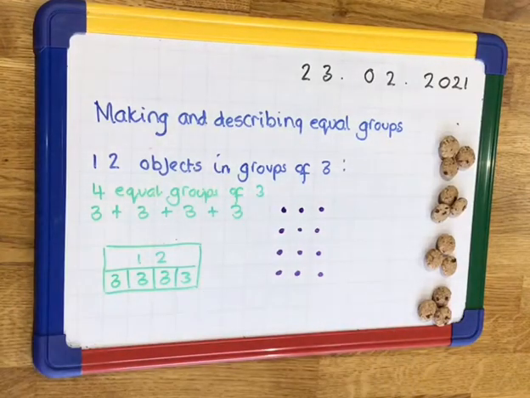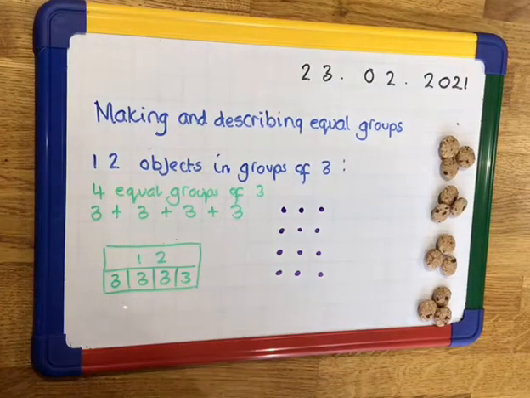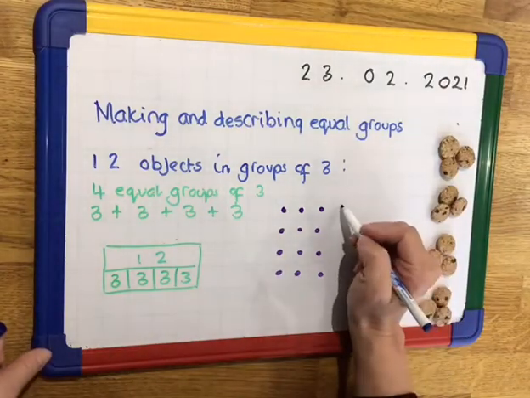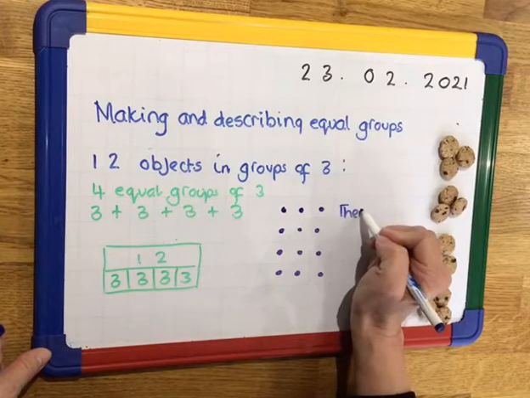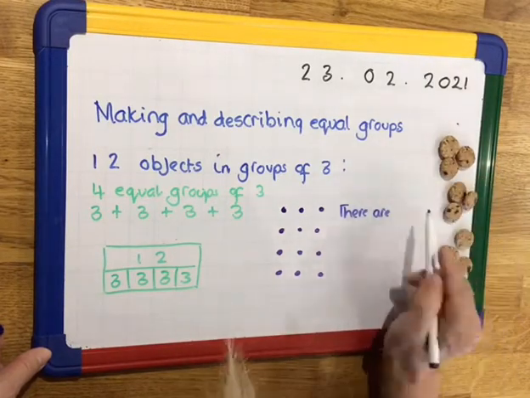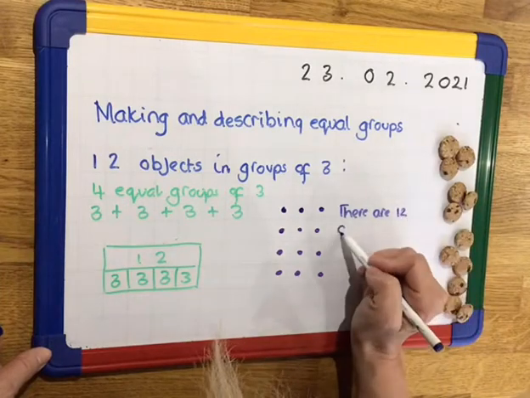I wonder how I could use stem sentences to write a written description. Pause the video for a moment and talk to your grown-up. Well, children, if I'm going to use my stem sentences, I need to explain how many I have altogether. There are 12 altogether.